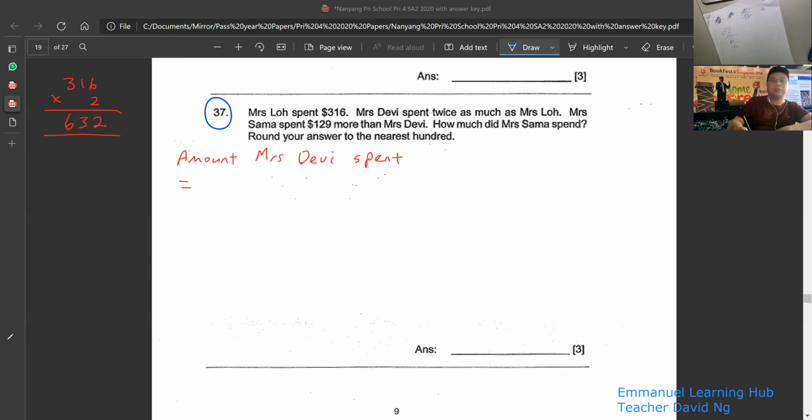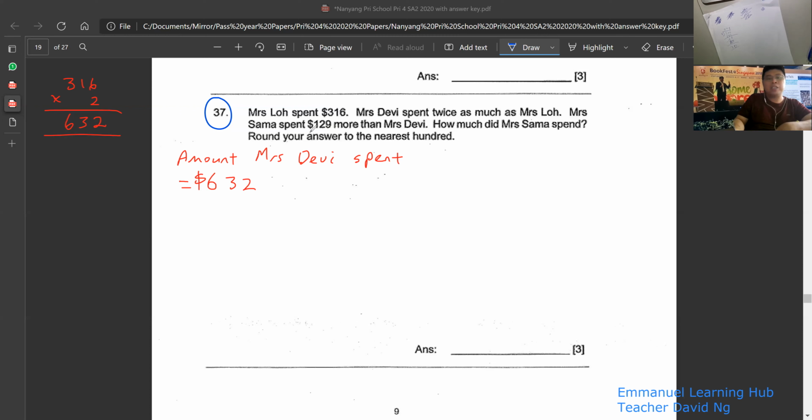You use calculator. No, I don't have calculator. My calculator is in my bag. 632. Anyway, you're not allowed to use calculator for this paper. Yeah, I know. So that's the amount Mrs. Devi spent, right? Okay.